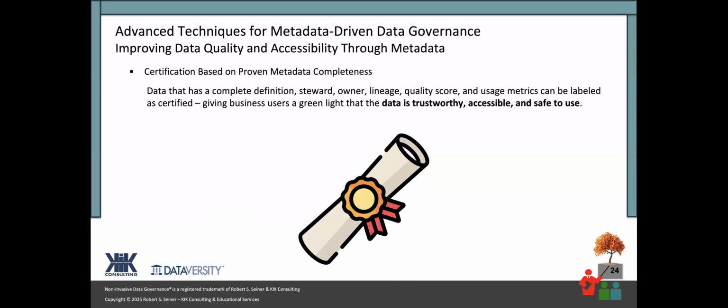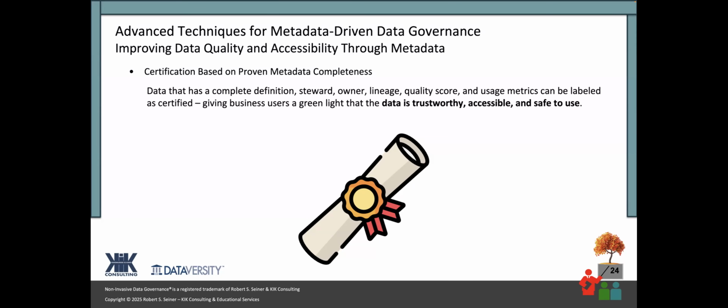And the last thing to share here is that people these days are using the metadata to certify the data. Meaning that if you don't have a definition, if we have not identified an owner, again, not really the steward or the subject matter expert of the data, if there's no lineage, if we can't tell where the data has come from, we don't have a quality score, we don't have any metrics on how this data is being used, if it is even being used within the organization, people are starting to include metadata completeness as a way to certify data assets in the organization.